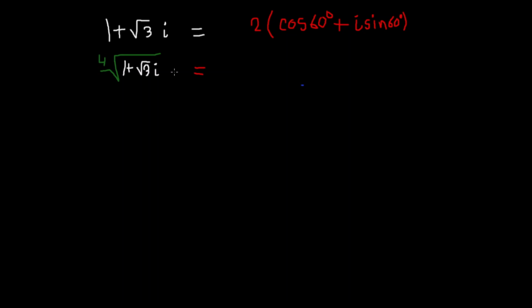You should know this should equal the fourth root of 2 times cosine of 60 degrees over n, which is 4, plus, since our theta is in degrees, instead of 2 pi k, we do 360 degrees times k over the n value, which is 4, right?